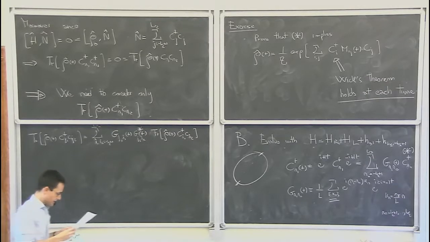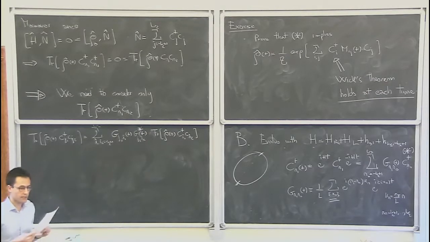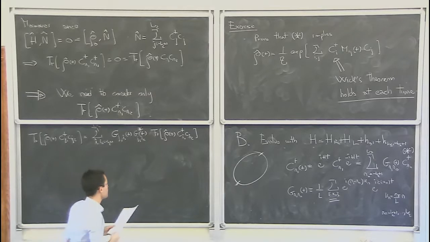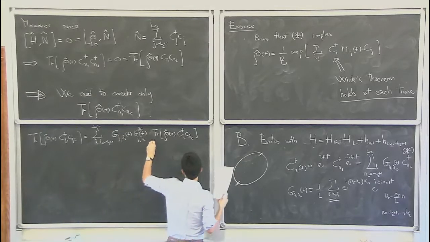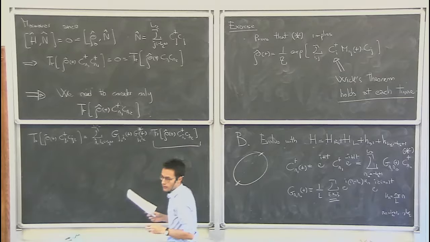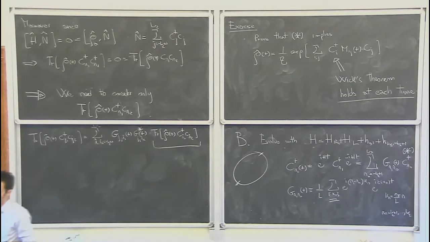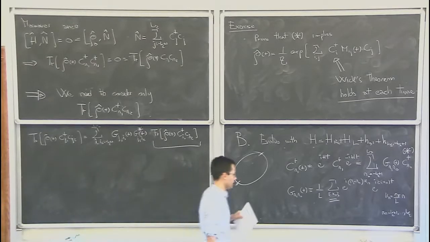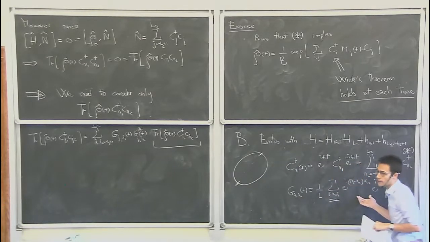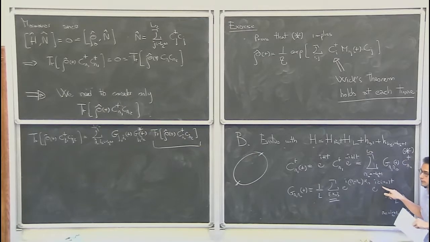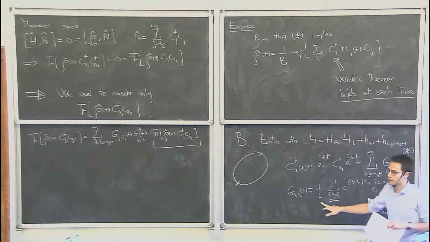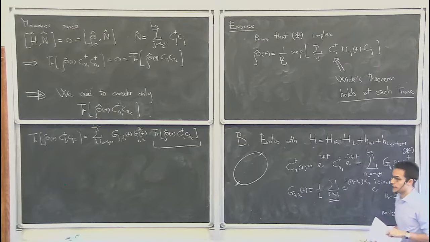Good. So the second step is an exercise I leave to you, and it's to compute this one. These G's are like propagators, indeed. If you look at their specific form, if you plug in the dispersion relation and take the thermodynamic limit, you find that they are basically Bessel functions.